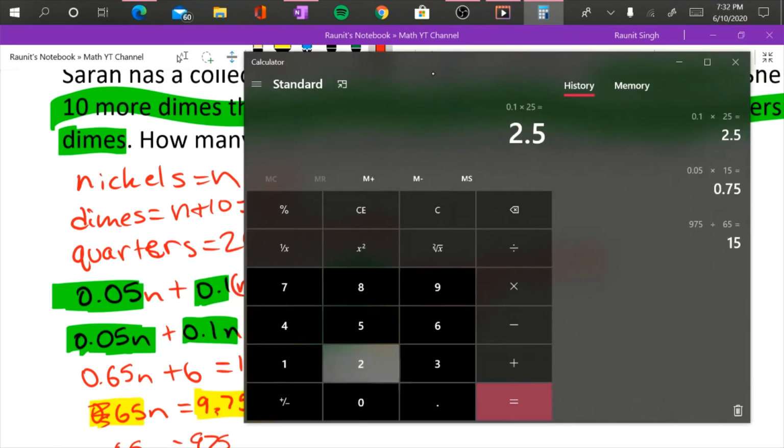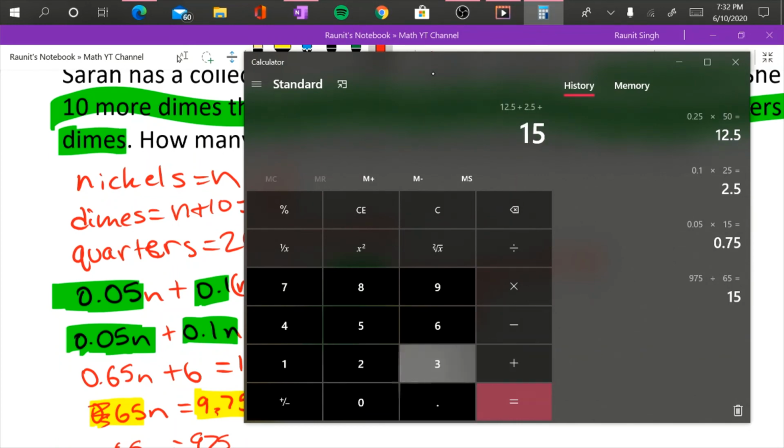And then 0.25 times 50, which is 12.5. So 12.5 plus 2.5 plus 0.75 should give us 15.75. There we go.